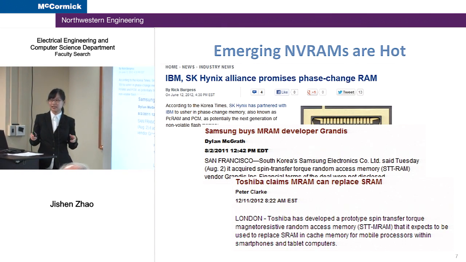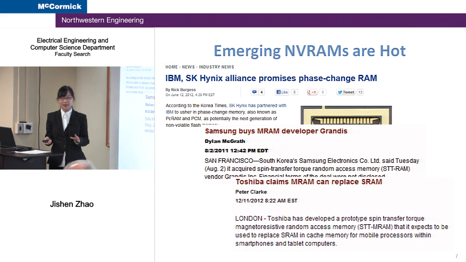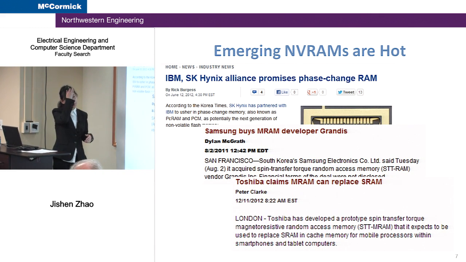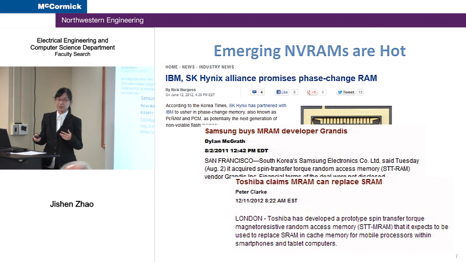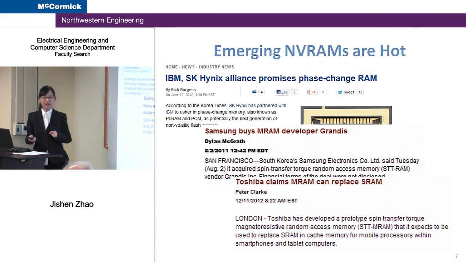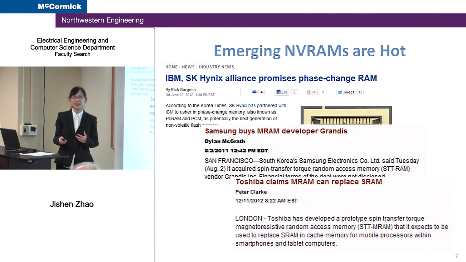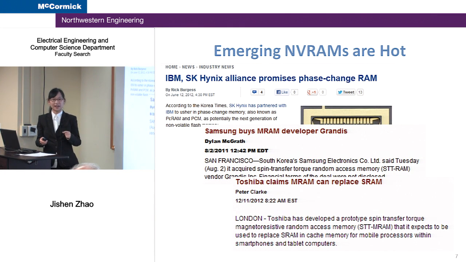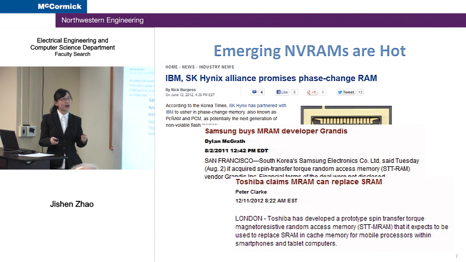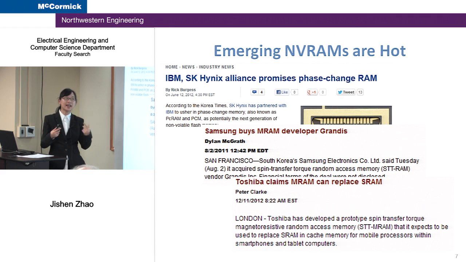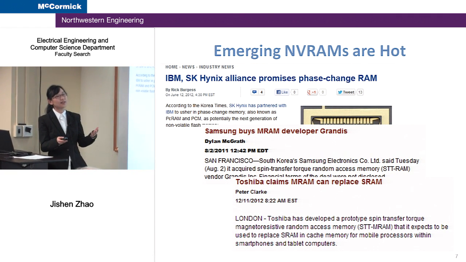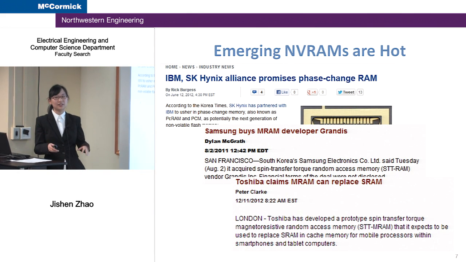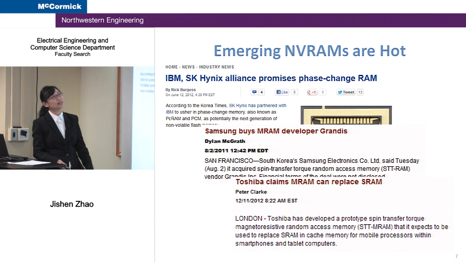NVRAMs have been extensively studied in both academia and industry. For example, Intel is starting the programming model to accommodate this new memory technology. And OS vendors like Microsoft and Red Hat, actually, a couple of weeks ago, I was at the SNIA Summit on NVRAM. A lot of industry companies attended that workshop talking about how to program the system and how to provide devices for this new memory technology.